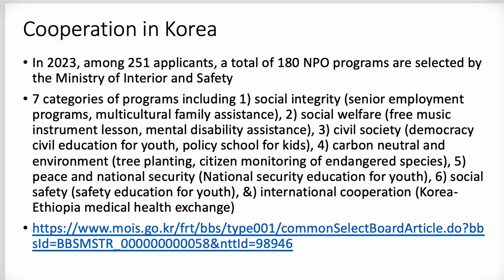So in 2023, a total of 180 NPO programs were selected out of 251 by the Ministry of Interior and Safety.